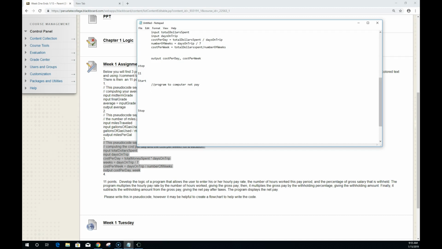The first thing I'm going to think about is it says the user enters his or her hourly pay rate. So I've got to come up with a variable for pay rate. I'm going to just declare that as pay rate. I'm going to set it equal to 0.